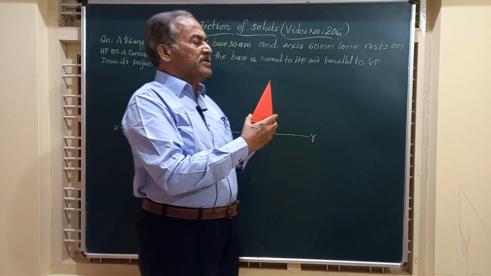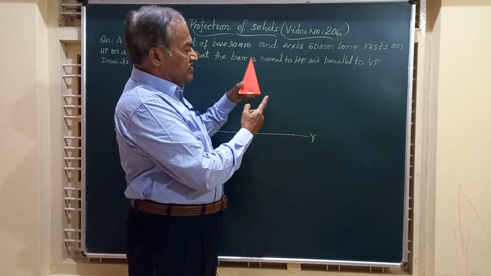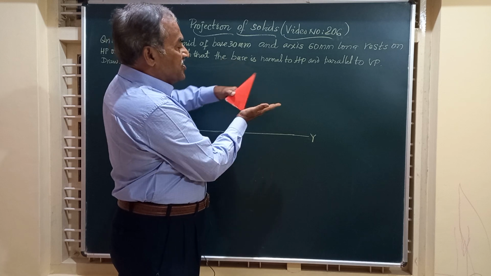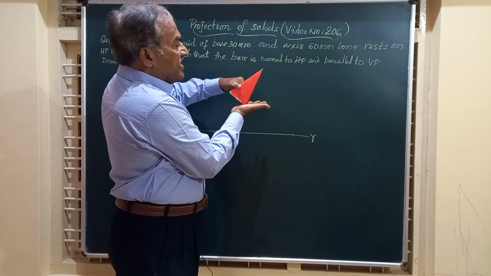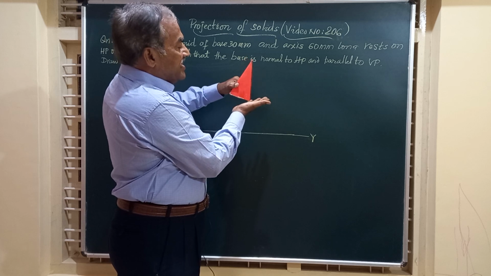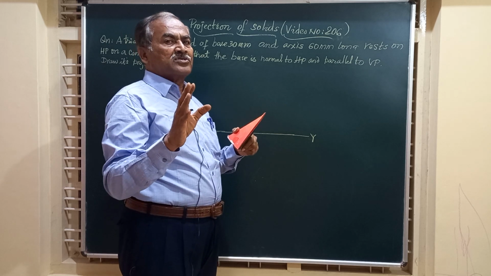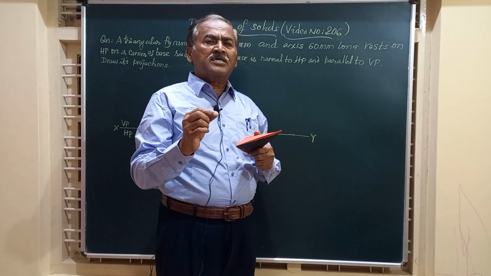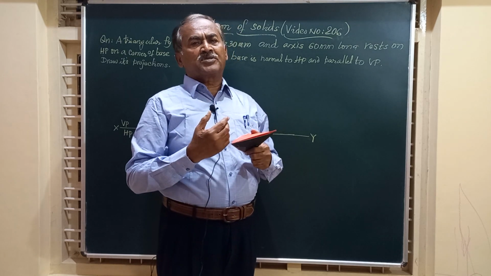That is, whenever any pyramid has to rest on a corner or it has to rest on a slant edge on HP, or the slant edge is inclined to HP, or slant edge is vertical, for all these positions, the object has to be placed on HP such that a corner of its base is to the right side of the observer.